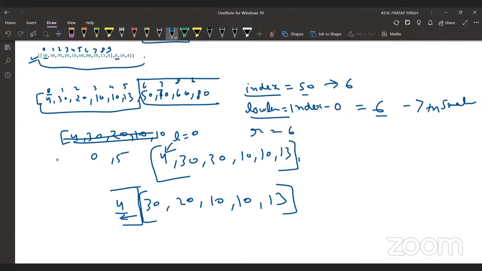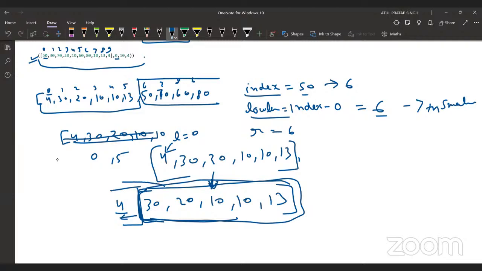So definitely we will reduce our K value now, because we will perform the quick select algorithm on that part. If we find that this is the 3rd smallest element in this list, that means if we consider this one, this is the 4th smallest element.